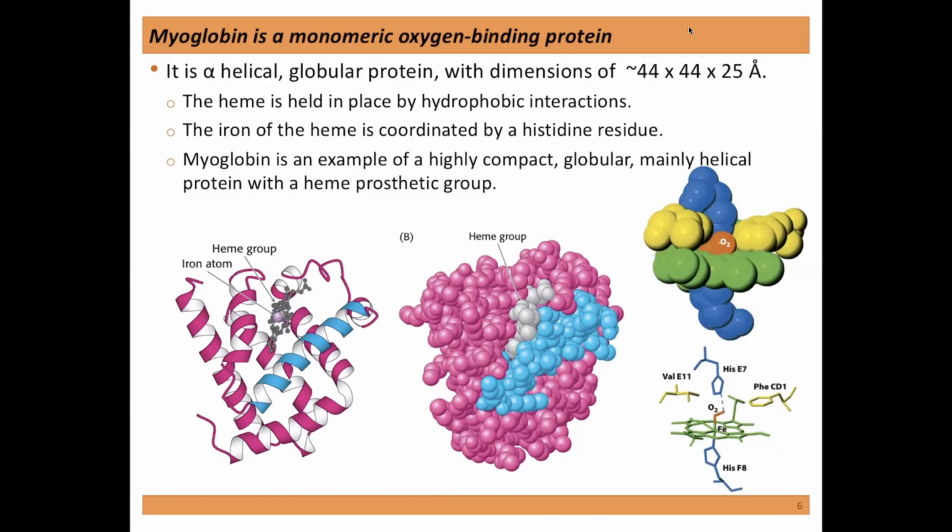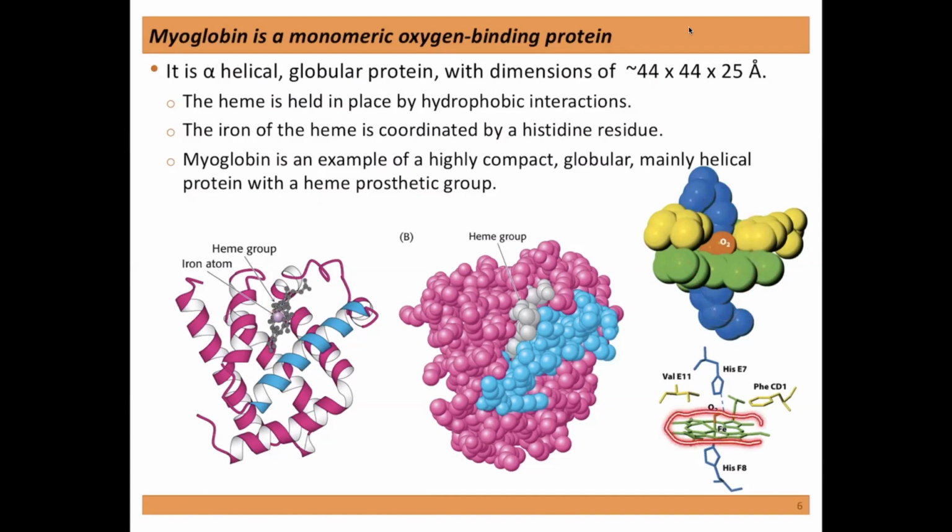Here you can see the structure around where the heme is, a space filling model. It looks kind of open here, but actually where the oxygen binds is somewhat hidden and protected by the protein.